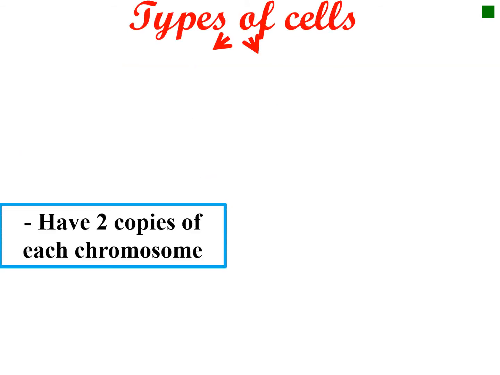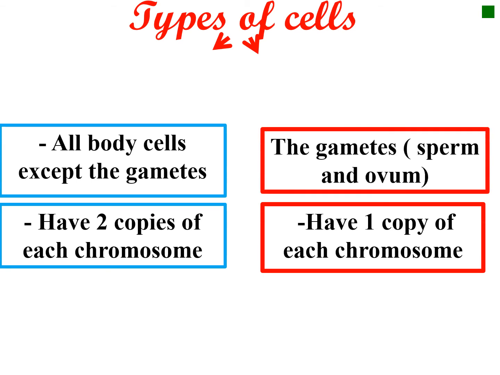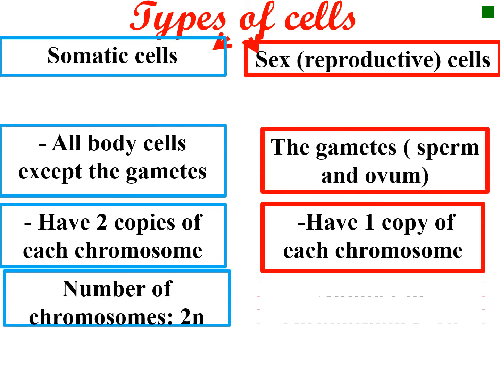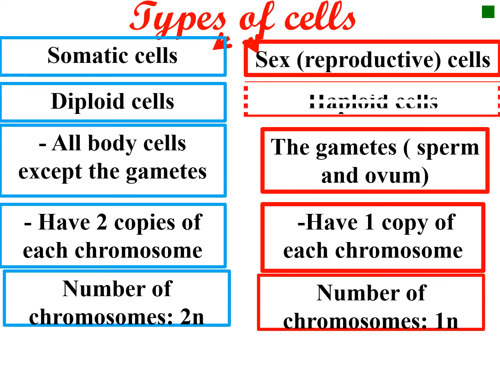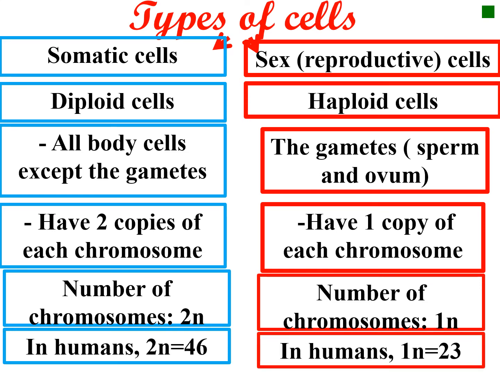This table differentiates between the types of cells, mainly between somatic cells and the sex cells. Somatic cells are diploid. They are found in all body cells except the gametes, while the sex cells are haploid. They are found only in the gametes, sperm and ovum.